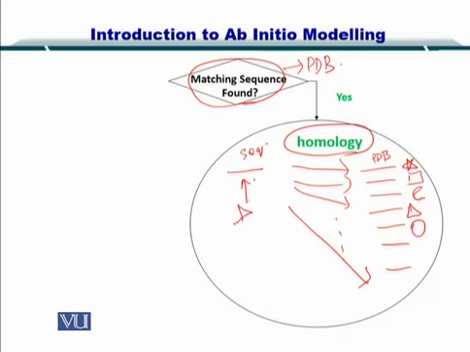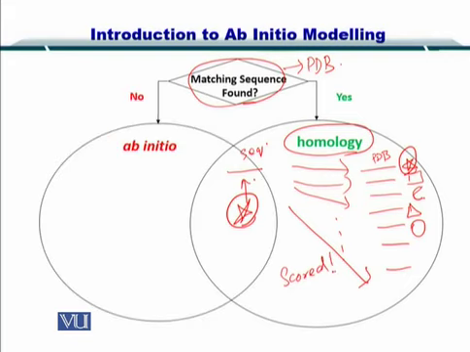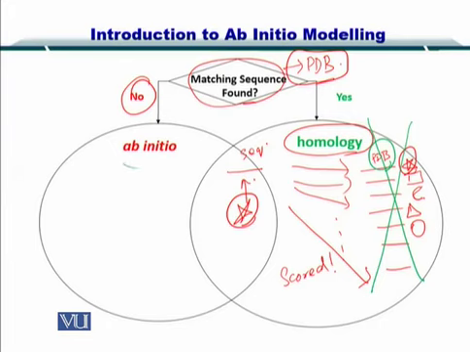Let's say you selected one structure, then you scored this match. However, there was a situation where you could not find these proteins. If these proteins were not found in the PDB, then you had no choice except to move to ab initio modeling.